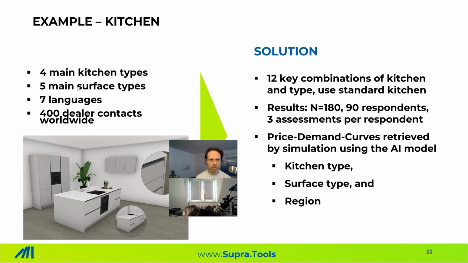Actually, of the combinations of those 4 by 5, 12 were the key combinations of kitchens that could be tested. And there was a certain standard kitchen, which you see here, which was used as a standard for finding the price for this lighthouse pricing, so to say.